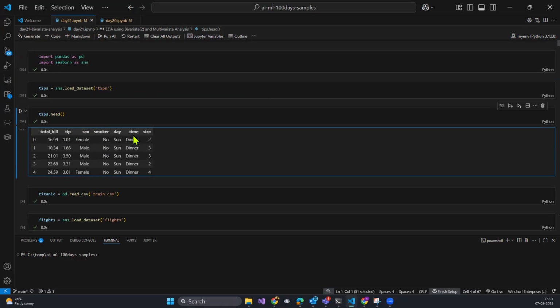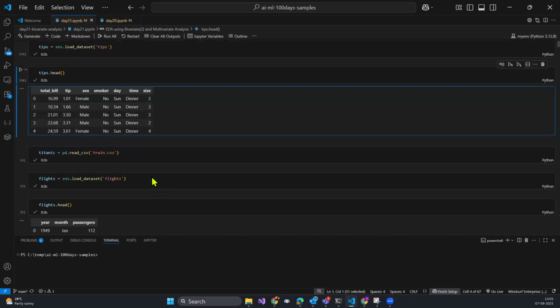This is the restaurant data set, and in it we see whether the person was male or female, a smoker or non-smoker, which day people came, what the timing was, and how many people were dining together. So this is the overall data set.